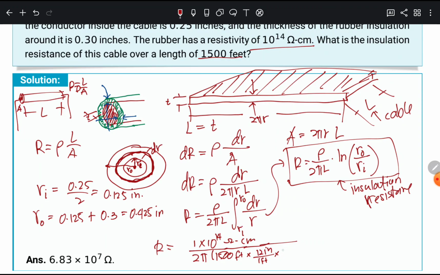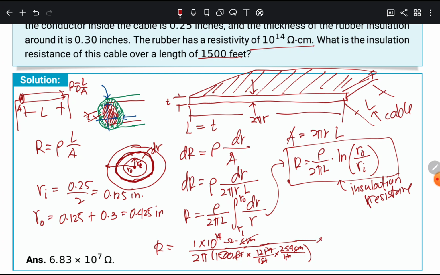Multiply this, then 1 inch is equivalent to 2.54 centimeters. So if we cancel out the feet and inches, then we have centimeter in the numerator and also centimeter in the denominator.